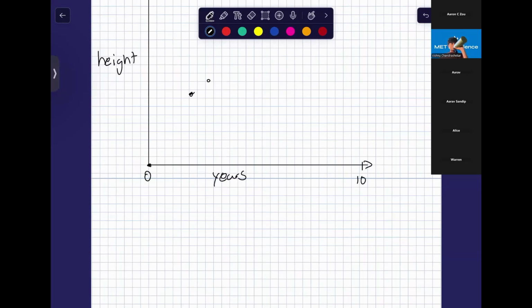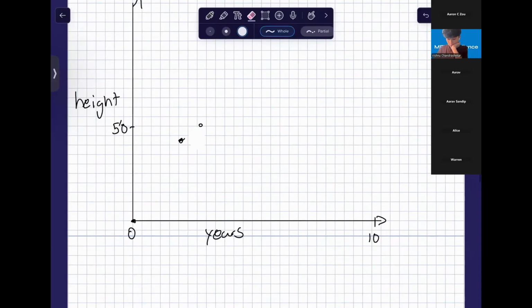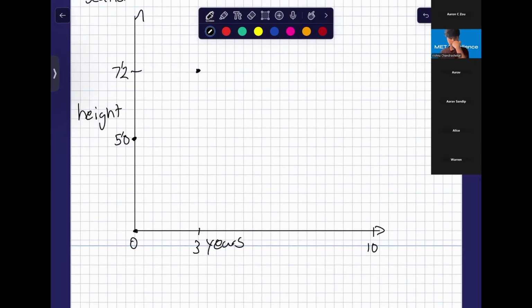Let's say you start off at 5 foot when you're born, and basically what a scatter plot is, it shows the data, but it doesn't have to be a perfect line, or even a curve. It's just dots as the x coordinate increases. So say you're 5 foot at 0. Can you draw a dot at 5 foot? I did. Okay.